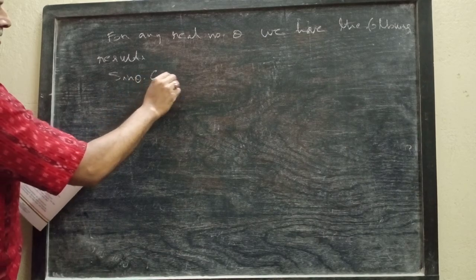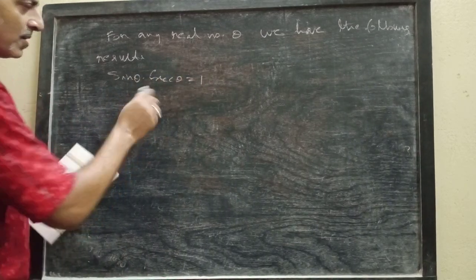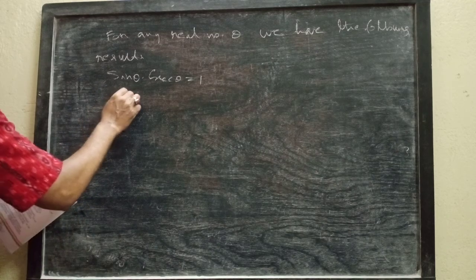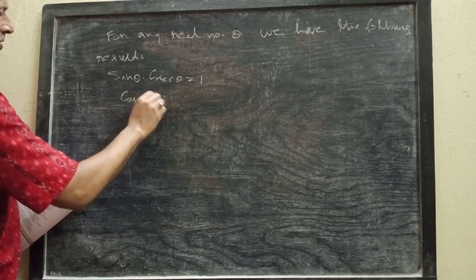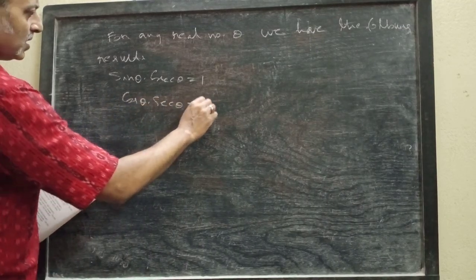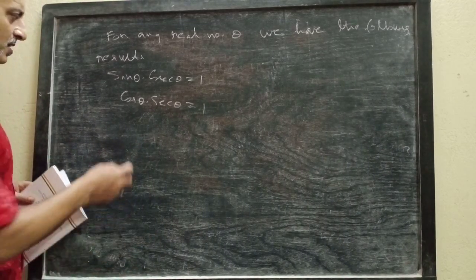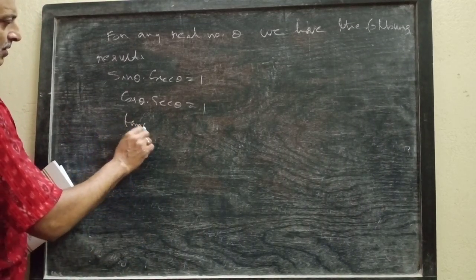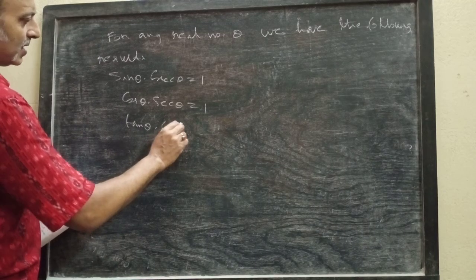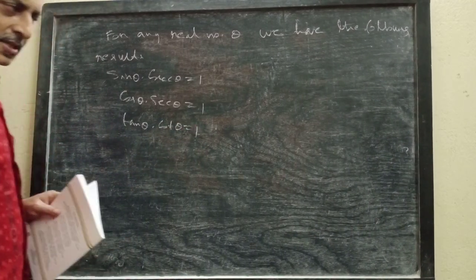Sin theta into cosec theta equals 1. Why? Because they are reciprocal of each other. Cos theta into sec theta equals 1. They are also reciprocal of each other. Tan theta into cot theta equals 1. They are also reciprocal of each other.